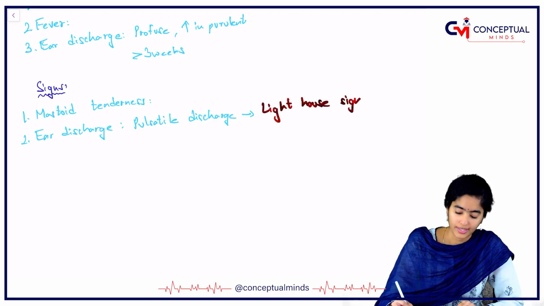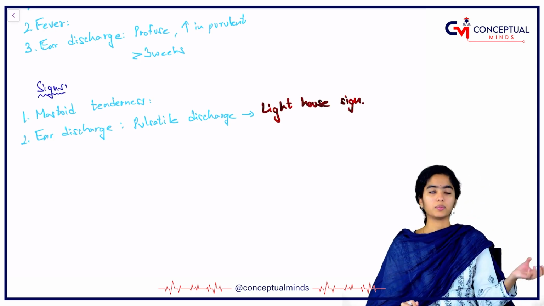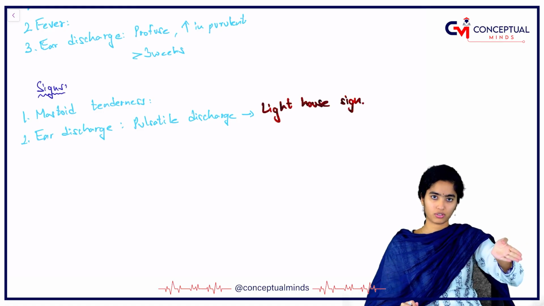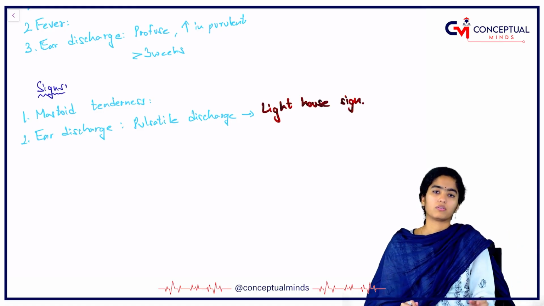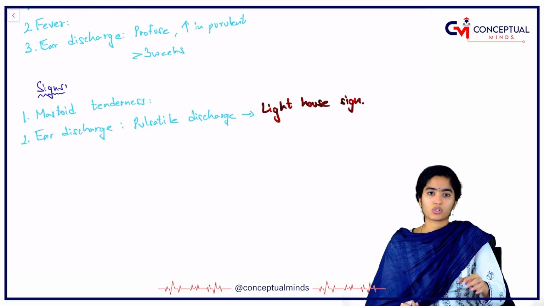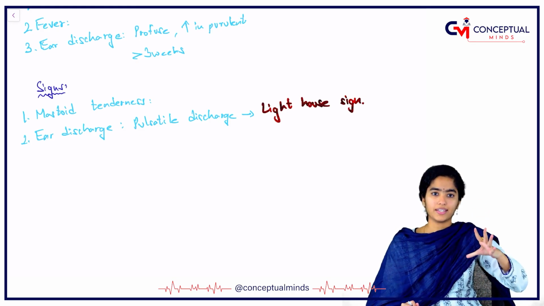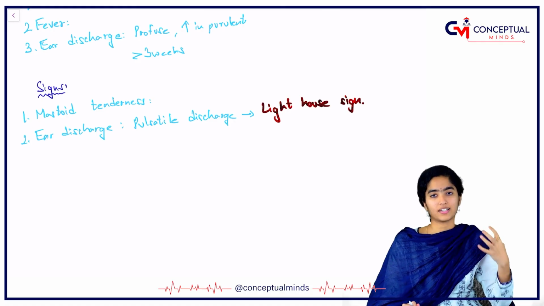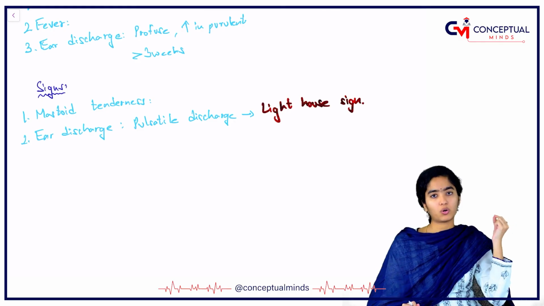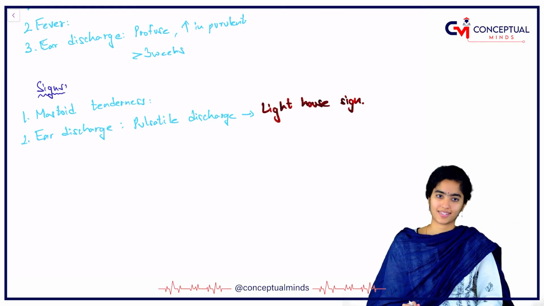You all know what a lighthouse is, right? In the middle of the ocean, we have a lighthouse that keeps on blinking. It shows the direction to the people traveling in the sea. This also is that blinking kind of discharge, pulsatile discharge, because of mastoiditis, that's coming out via the perforation in the pars tensa.